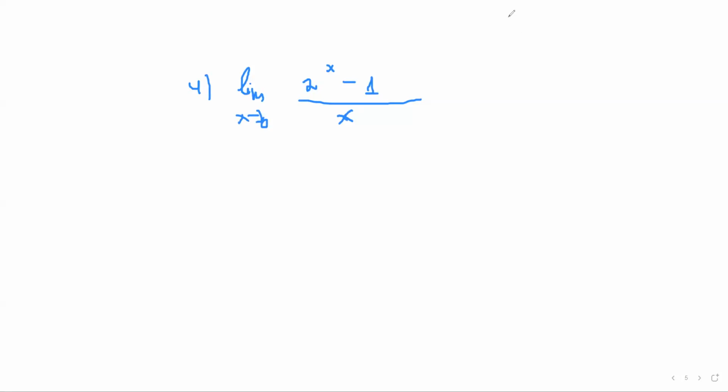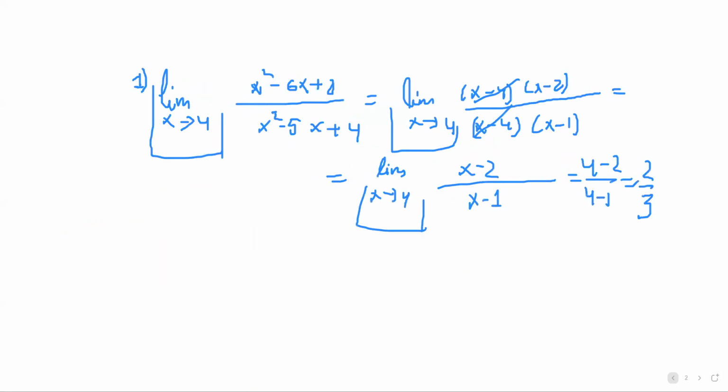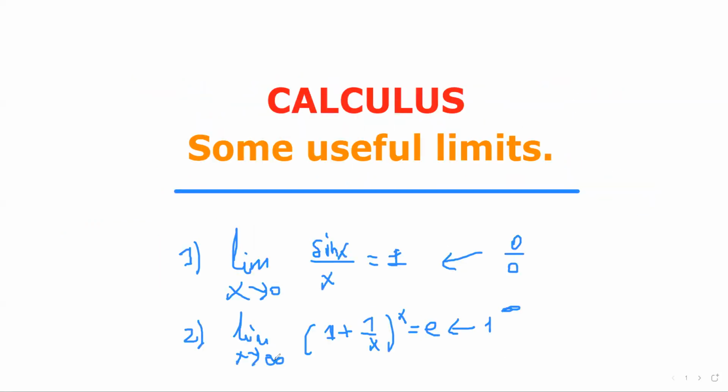Before we use the substitution method, I'm also going to remind you of the second wonderful limit. If you remember, it's x tends to infinity or 0. You can write this: 1 plus x to the power 1 over x. If you remember in the first slide, when we talked about the limits, I mentioned this with infinity.